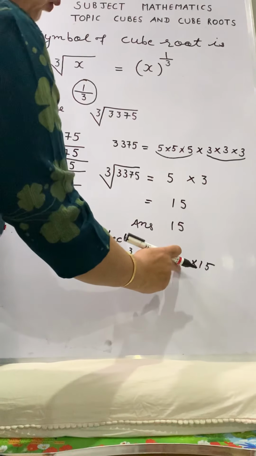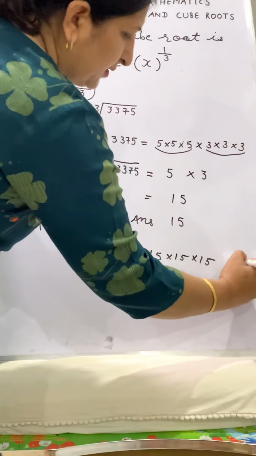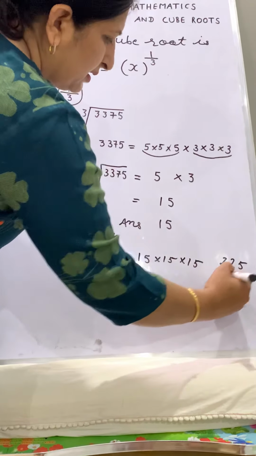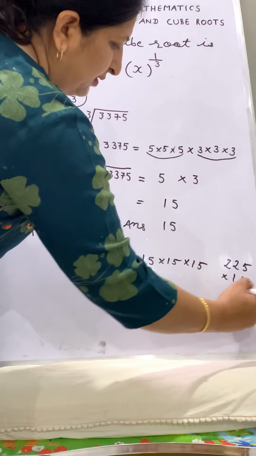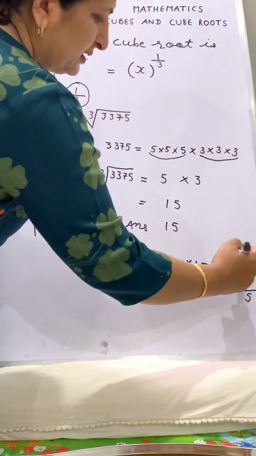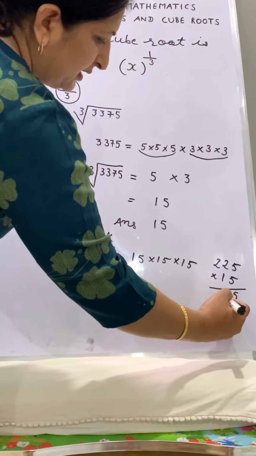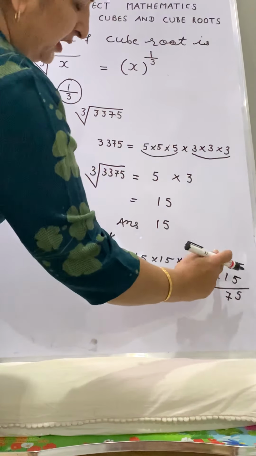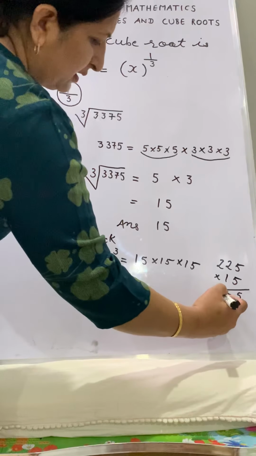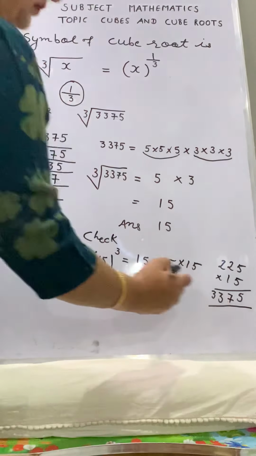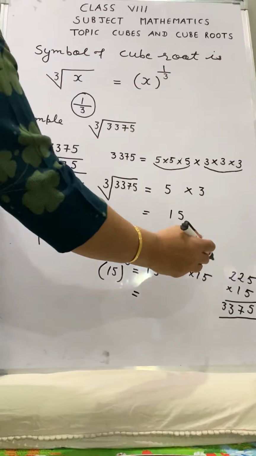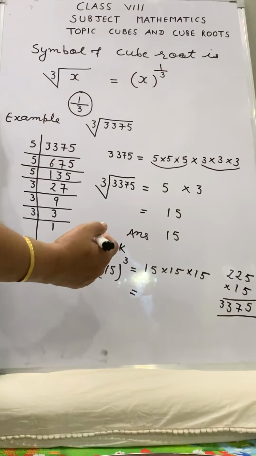When we multiply 225 with 15, 15 5s are 75, 15 2s are 30, 30 and 7 is 37, 15 2s are 30, 30 and 3 is 33. It is the same, so our answer is correct.